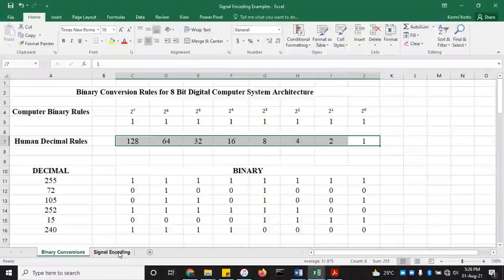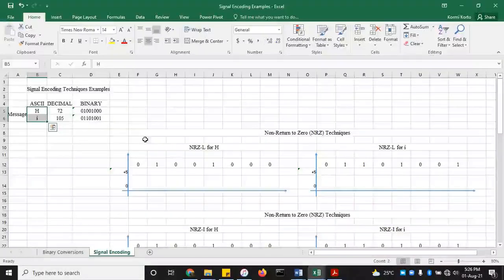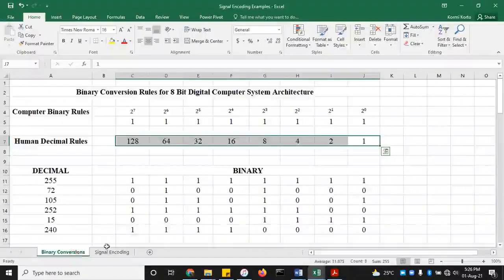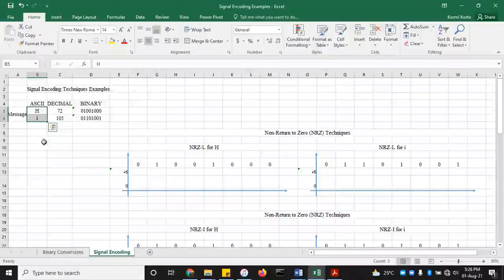discussion or examples for the signal encoding technique. Now, I had to go through this because the signal encoding technique requires you to know these two conversions between decimal and binary, because the signals are going to be within a sequence of binary forms.